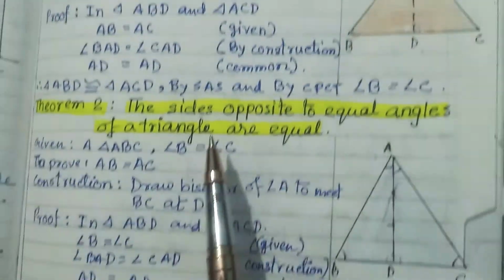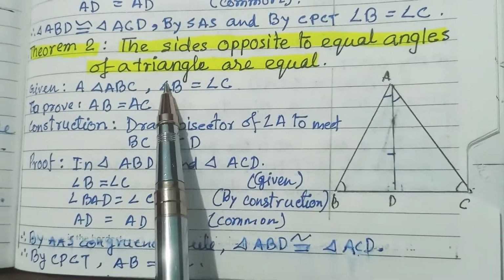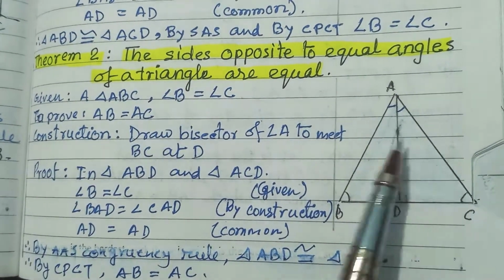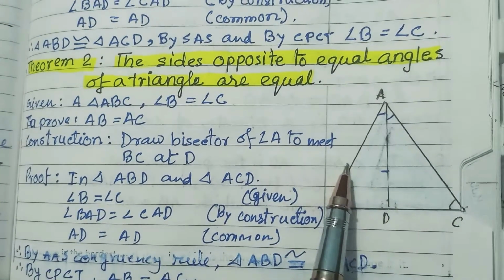Done. The next theorem: the sides opposite to the equal angles of a triangle are equal. In an isosceles triangle, we have two angles equal, therefore their opposite sides are also equal.